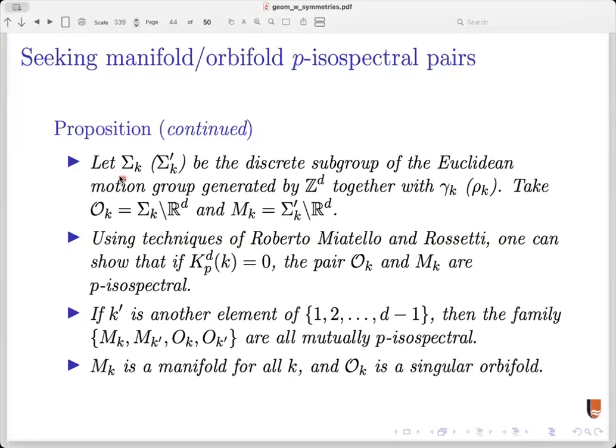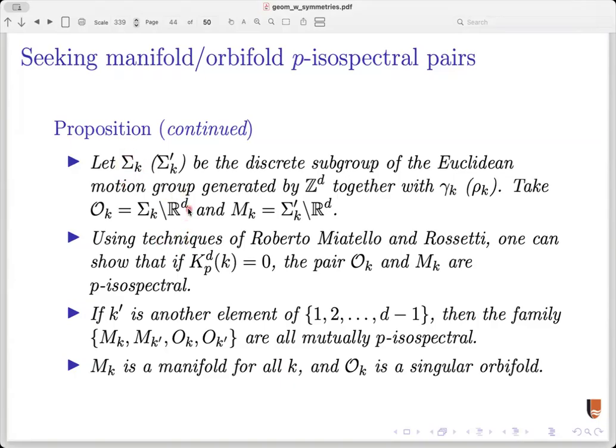So what we're going to do is I'll just focus on sigma_k for starters. So sigma_k is going to be a discrete subgroup of the Euclidean motion group. How do we get it? We take all of the translations. Here's that big integer lattice of translations in dimension d. And then we throw in gamma_k, and we generate some subgroup of the Euclidean motion group. So that'll give us this big sigma_k.